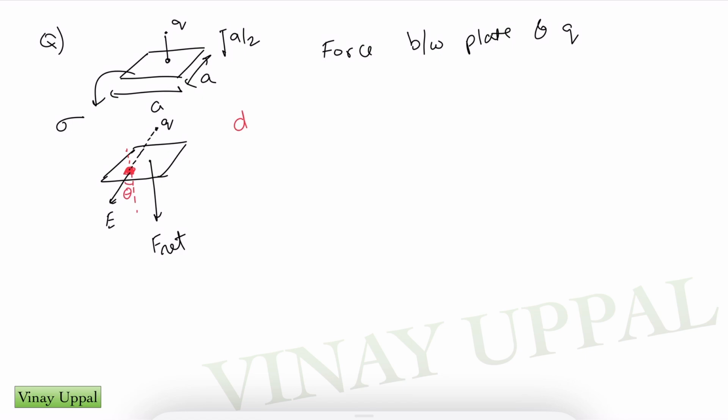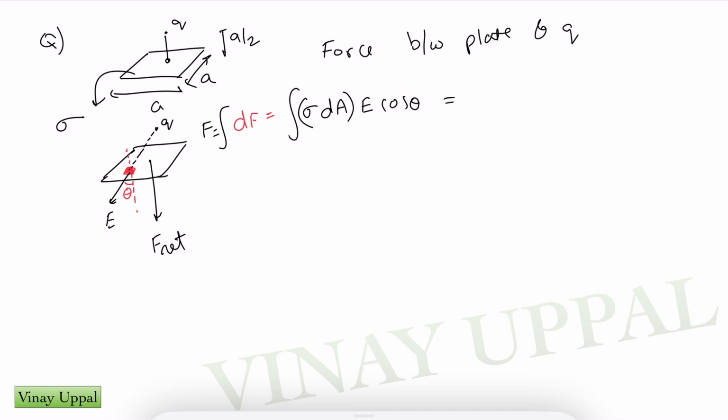So my force would be the charge dq of the element. Let me just write dq directly as sigma dA, sigma times the element area, times the electric field due to the point charge times cos theta, because we know that the net force is along the normal. So this will be my net force.